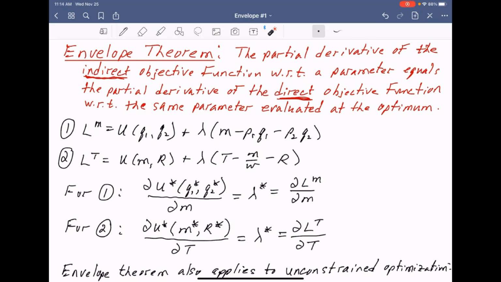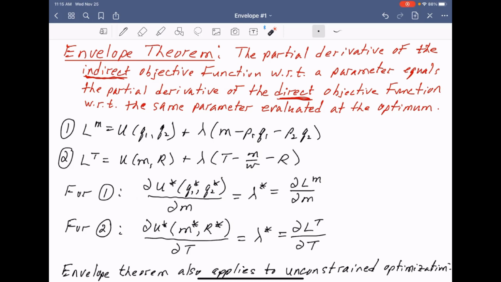So for the first Lagrangian, if we take the partial derivative of that Lagrangian with respect to m, we get lambda star, which is simply the partial derivative of the Lagrangian with respect to m. So this tells you that this is the direct objective function, this is the indirect.